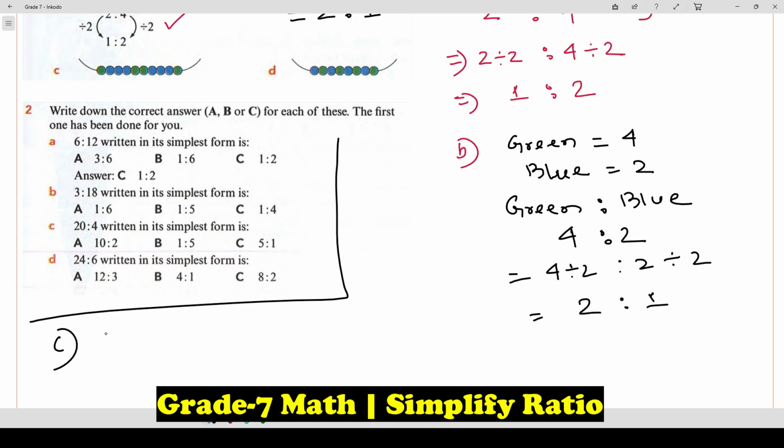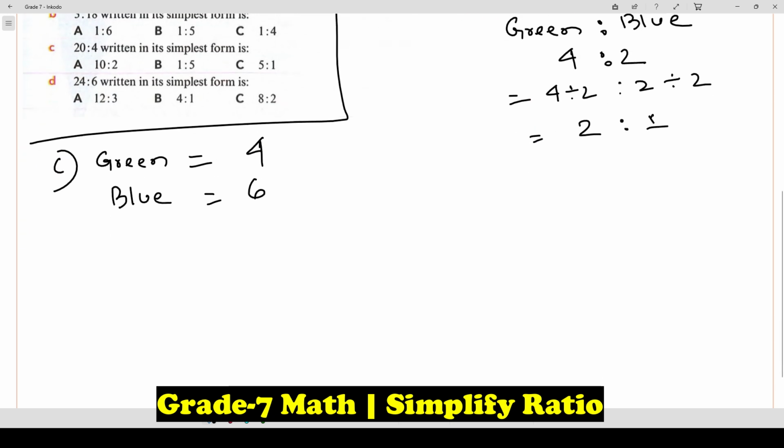Number C. Here green 1 2 3 4, blue 1 2 3 4 5 6.